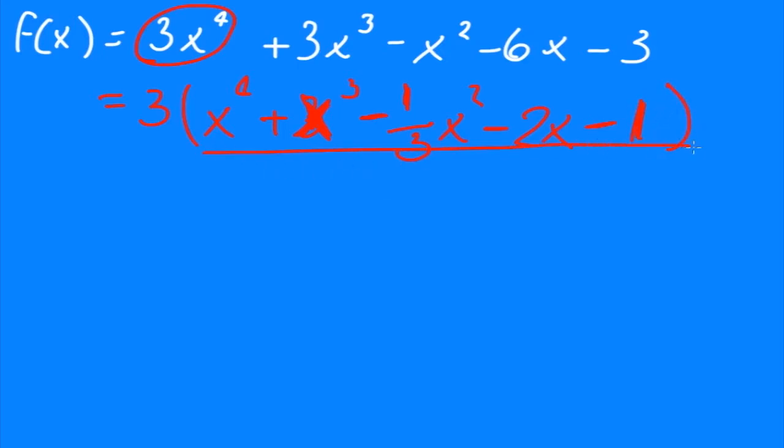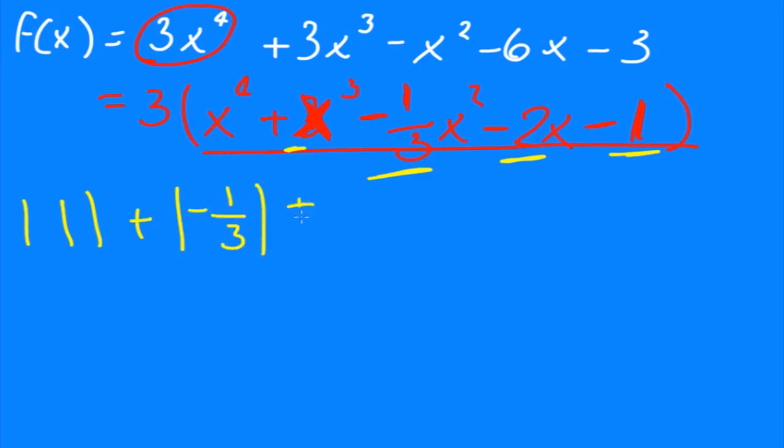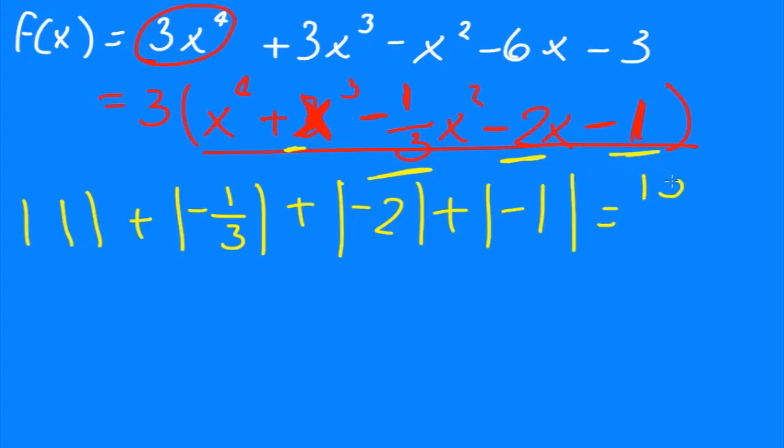So we're going to be working with this: a 1, a -1/3, a -2 and a -1. The absolute value of 1 plus the absolute value of -1/3 plus the absolute value of -2 plus the absolute value of -1 equals 13 over 3.